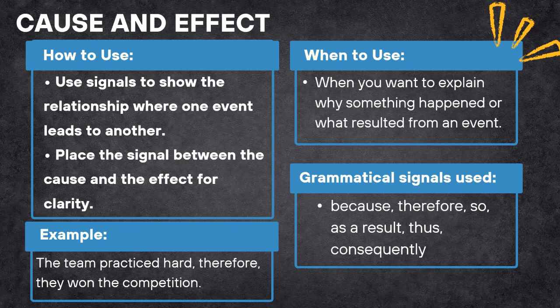Example, the team practiced hard. So that is the cause. Therefore, that's a grammatical signal that signals the relationship between the cause and the effect, which is they won the competition. So that's the cause and effect pattern.